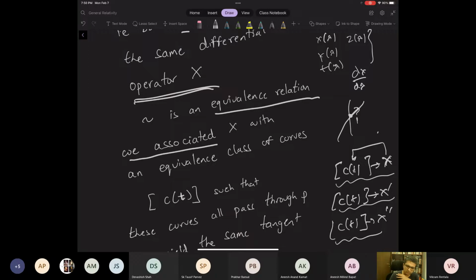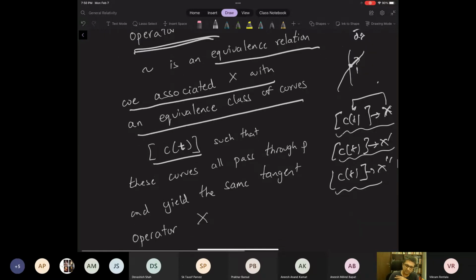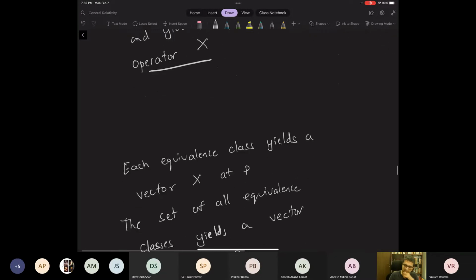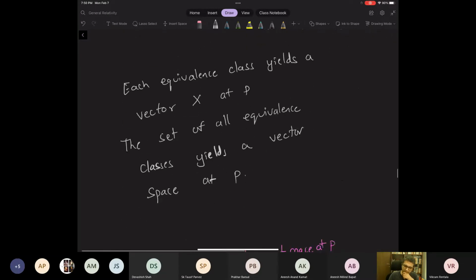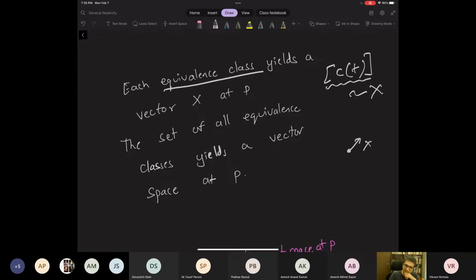So in words, we associate X now with an equivalence class of curves C(t), such that all these curves pass through the point P and they yield the same tangent operator X. Now each equivalence class gives me one tangent operator, or tangent vector, at the point P. And now the set of all equivalence classes, each one will give me a different vector, different from all the others.